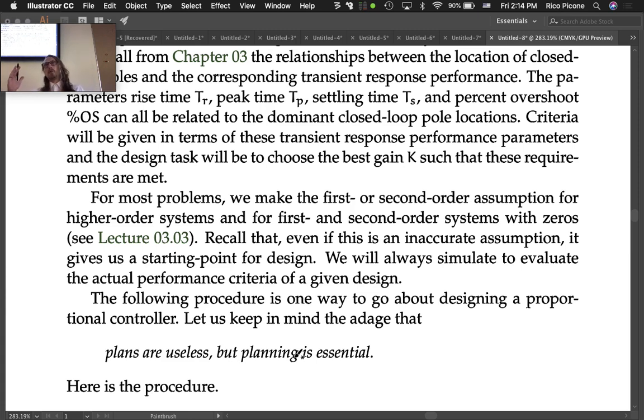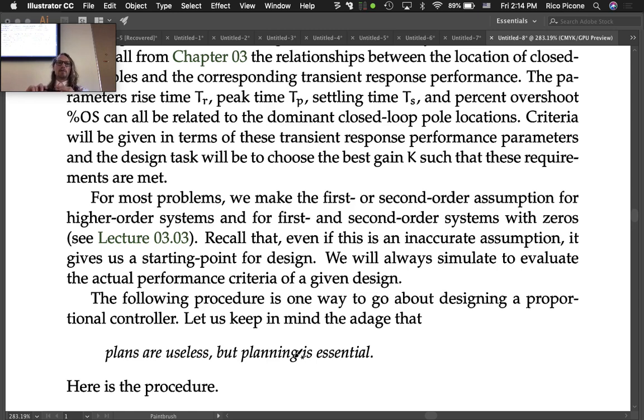I mean, actual is relative here because the second order approximation often doesn't hold very well. Simulation is pretty accurate, assuming your model is accurate, okay? The numerical solution is an estimate, in a sense, of what the solution is, but it's a very good estimate.